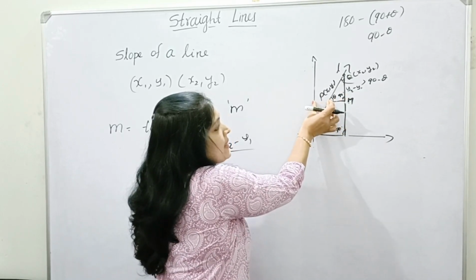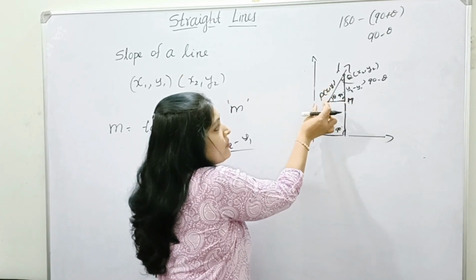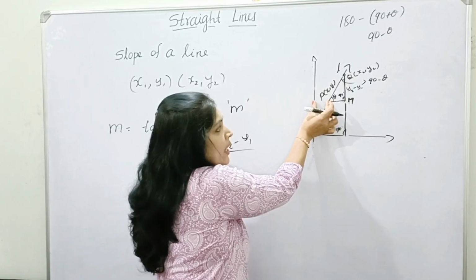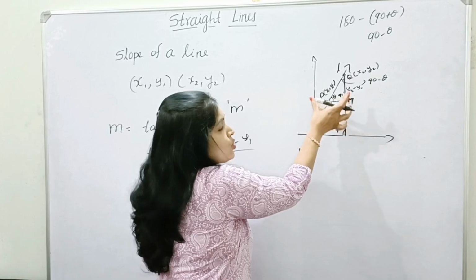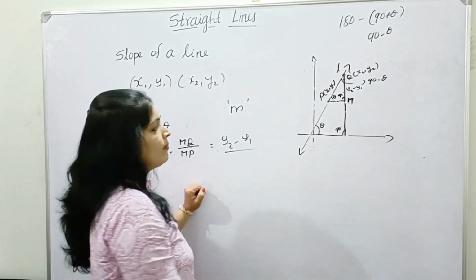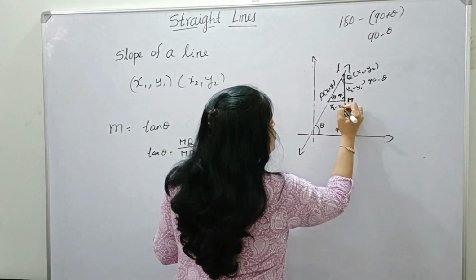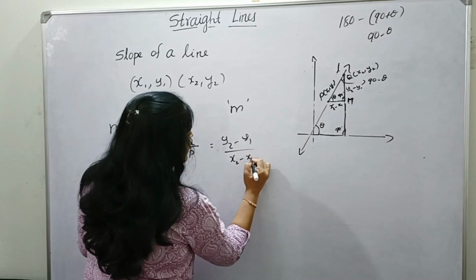And we know that this length is x1, because this point is x1, y1. It is x2, it is x1, therefore this is nothing but x2 minus x1. So MP is x2 minus x1.